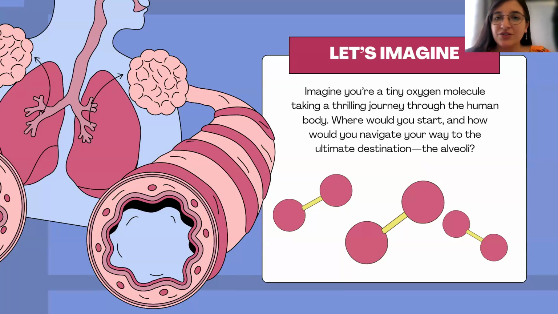So you all are the oxygen molecules. Let's go in. The destination you are going to is called the alveoli. We will see what that looks like later, but know that you're an oxygen molecule that has to enter the human body and find your way to the alveolus or alveoli.